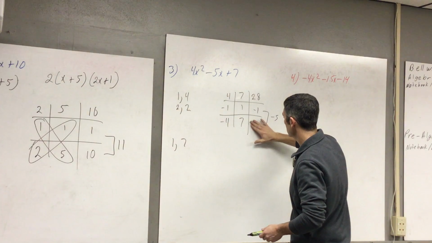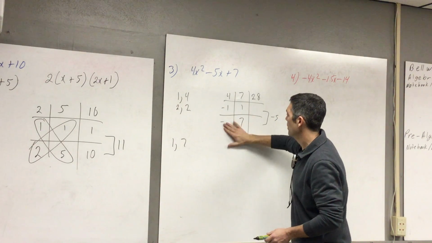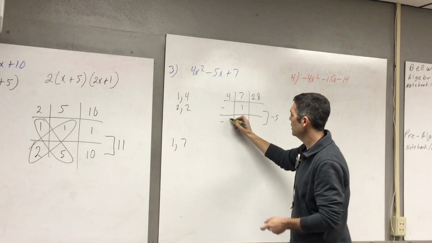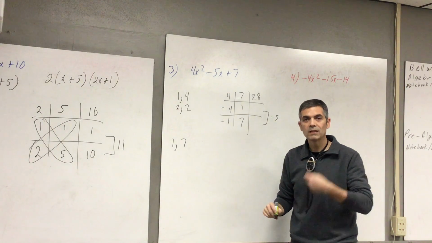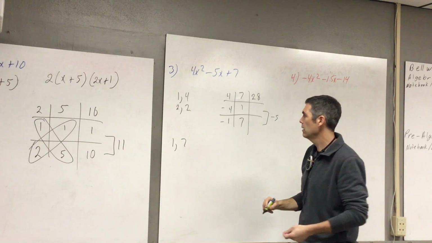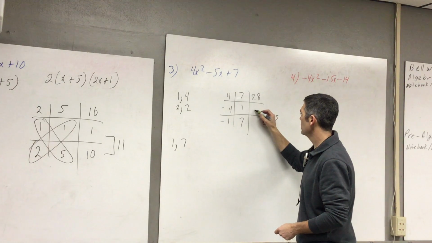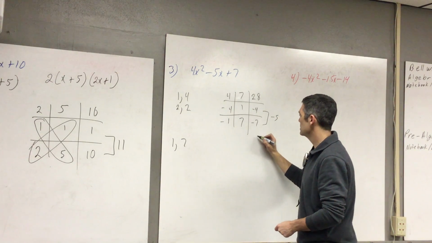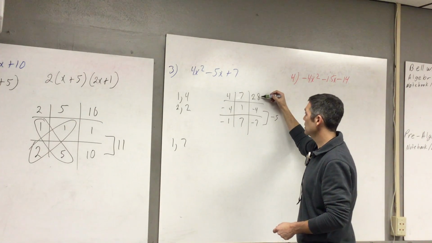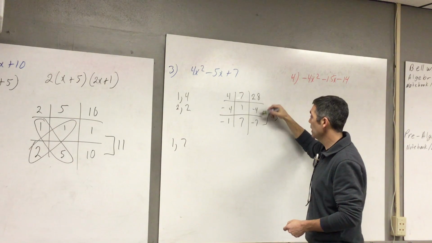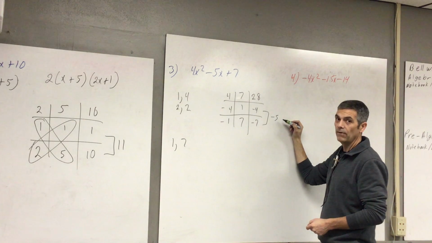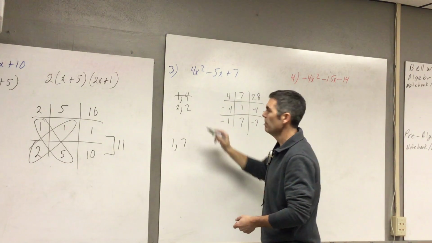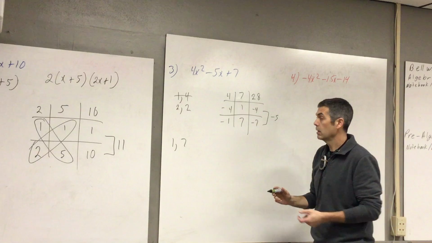Okay, so let's change this around. All right, let's move the 1 here and the 4 here. This is where the little bit of that guess and check comes in, okay? So -4 times 1 gets us -4. -1 times 7 gets us -7. Those two get to 28, but when you add them together, it doesn't get us to -5. Okay, so we've done these. Can't be those, okay?